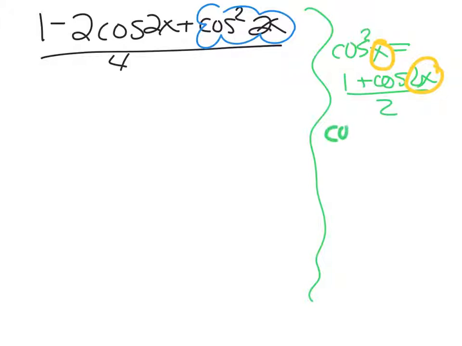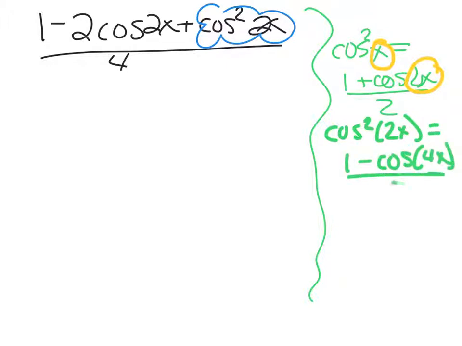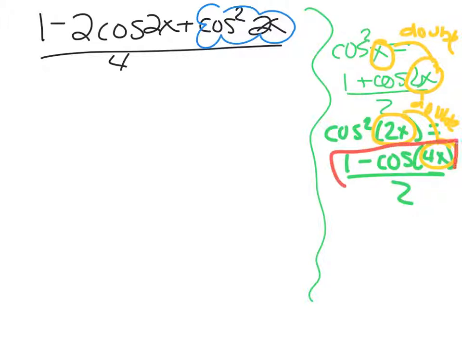So your cosine squared 2x is going to be equal to 1 plus cosine 4x over 2. So again, this is double. You'll just notice these patterns. So we're going to use this to replace this.